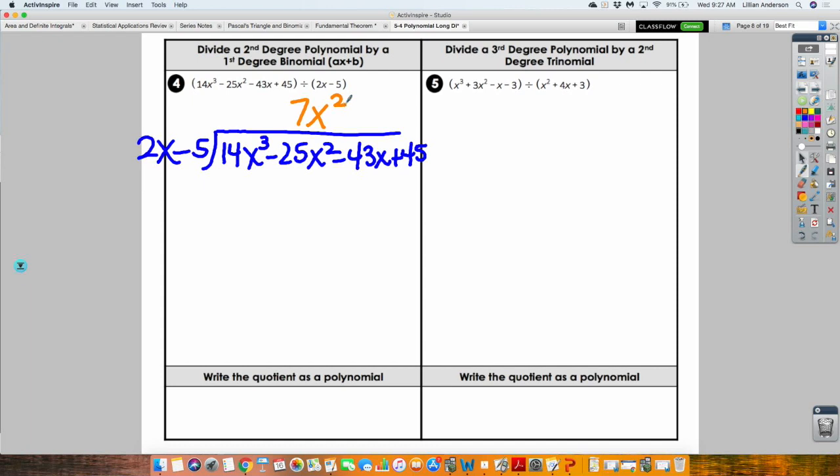Anytime there's a number in front, it's almost like, 2 times what gives me 14. And then you just have to take care of the x's. So now I still do the same process. 7x squared times my divisor. What's 7x squared times 2x? 14x to the third. And what's 7x squared times negative 5?